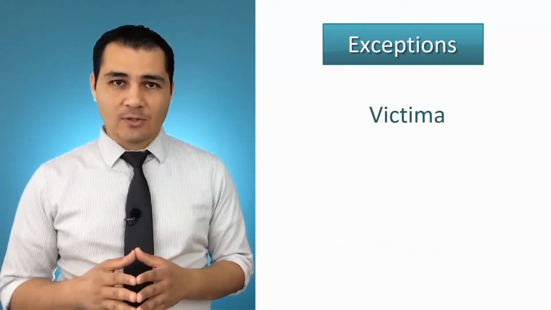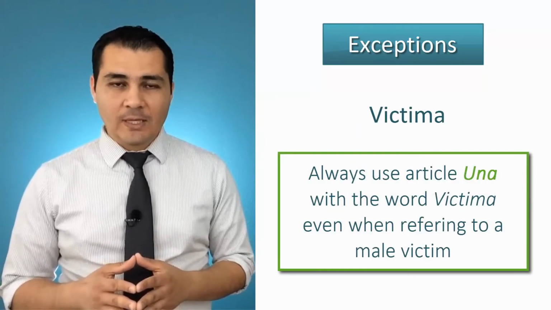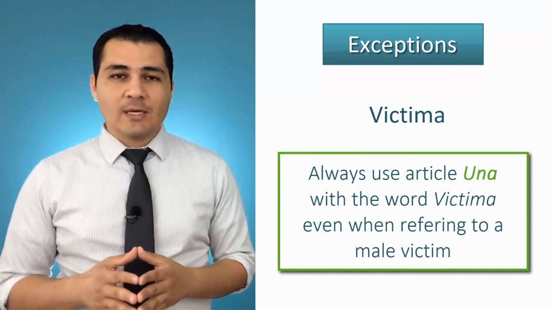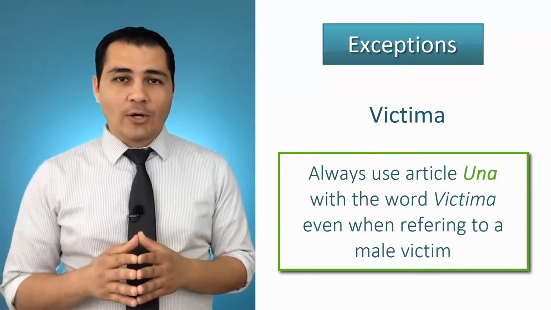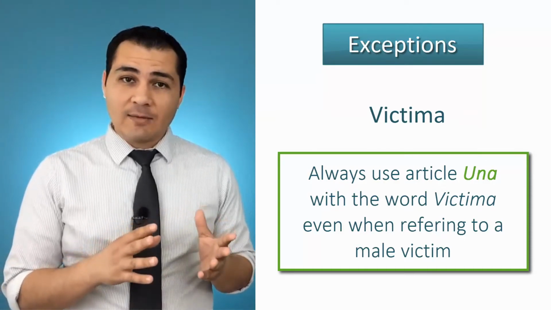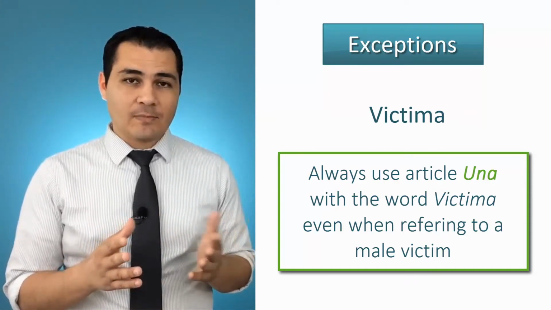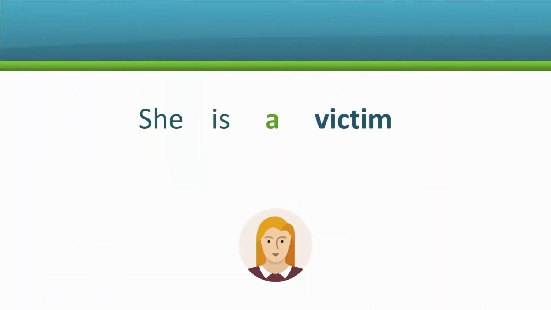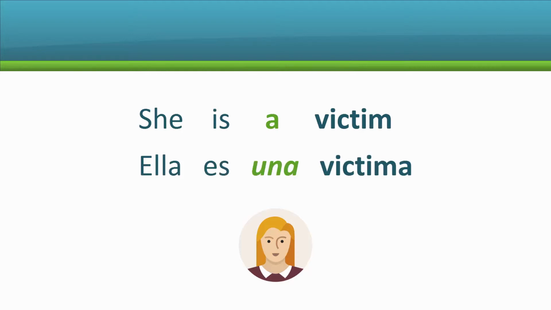The next exception, the word víctima. The word víctima will always use indefinite article una, despite the fact that we may be talking about a male victim. For instance, if we need to say she is a victim, this is what it will look like in Spanish. Ella es una víctima.